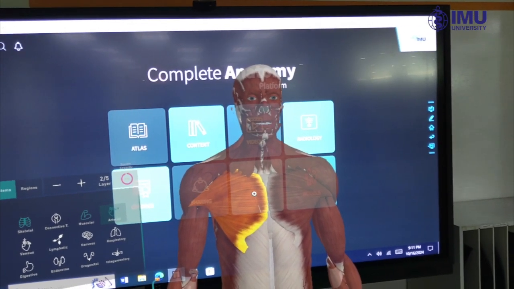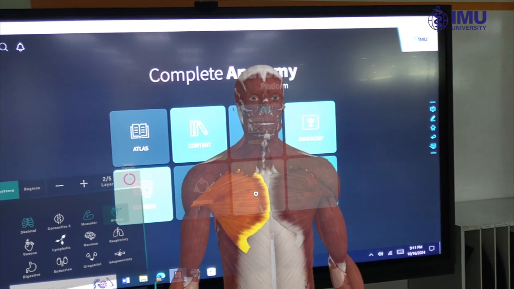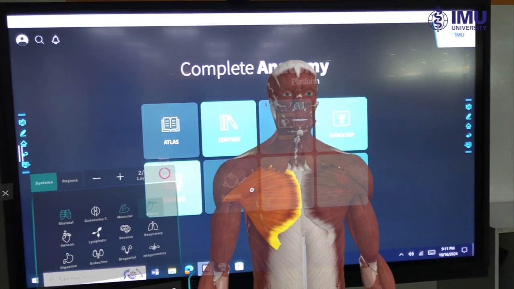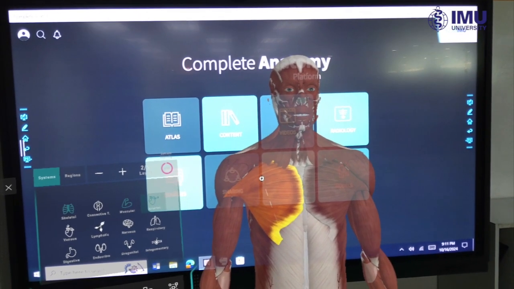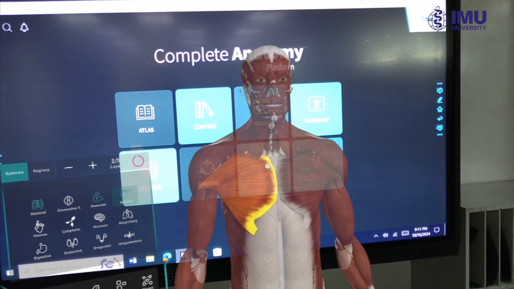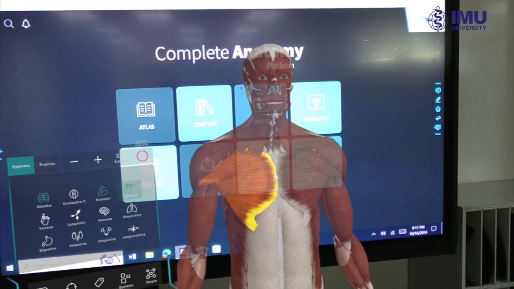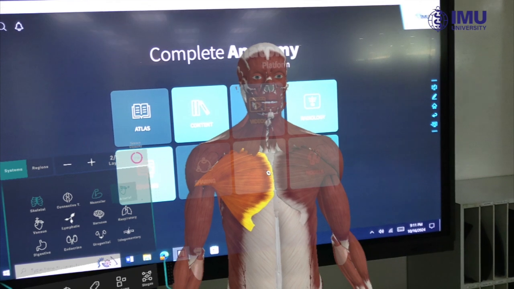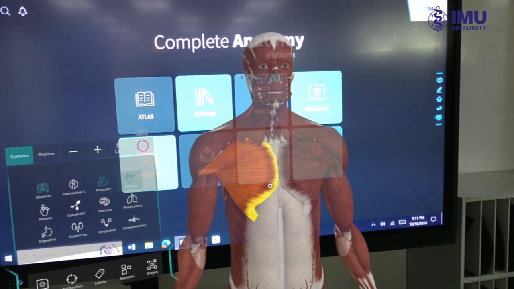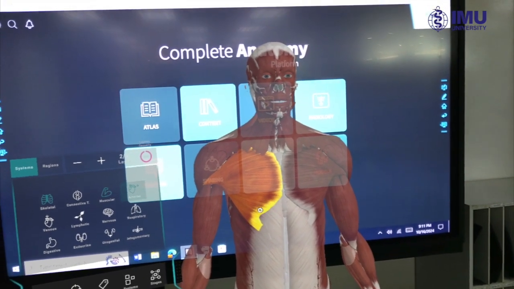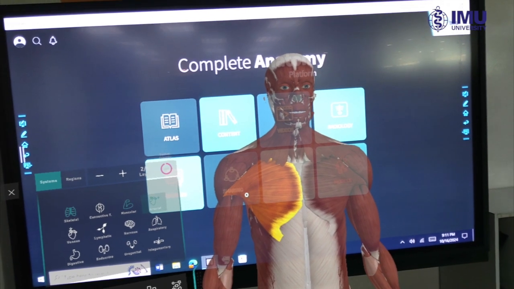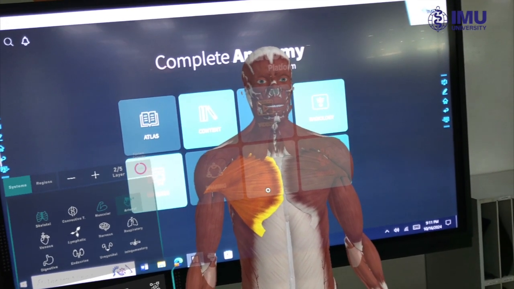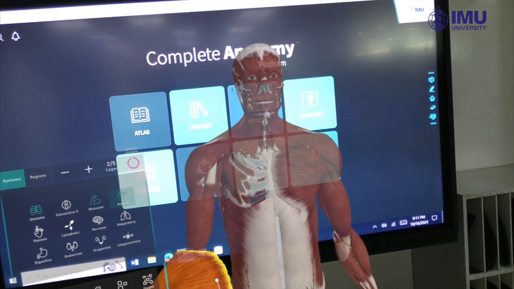You can see that pectoralis major has the clavicular fiber and sternal fiber, although I cannot show all the parts very clearly, but you can see how it is taking origin from the sternum and the anterior end of the ribs, and also some aspect coming from the external oblique aponeurosis, and it is going to be inserted into the humerus.